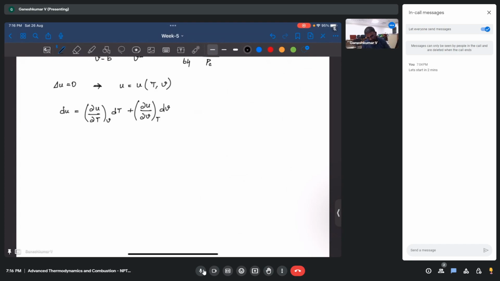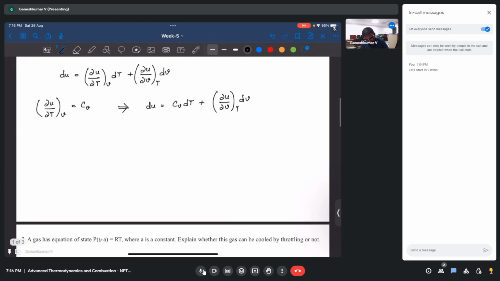Now we know that dou U by dou T at constant V is nothing but our Cv. So let me rewrite this: dU is equal to Cv dT plus dou U by dou V at constant T dV.